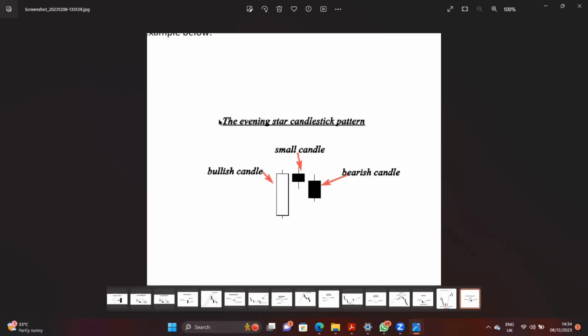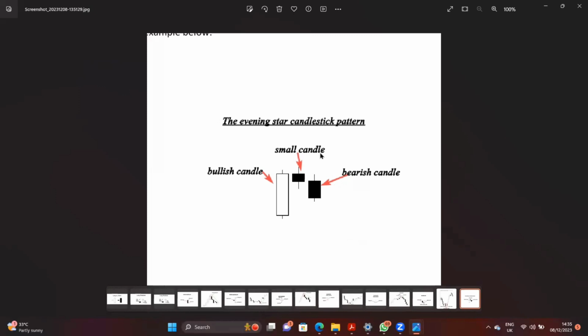The evening star pattern is considered a bearish reversal pattern that usually occurs at the top of an uptrend. Where does this occur? It occurs at the top of what? An uptrend. The pattern consists of 3 candlesticks, just like the morning star.